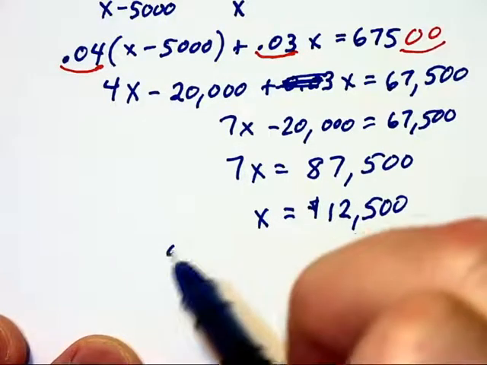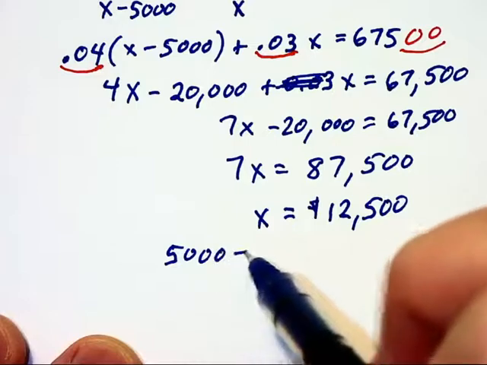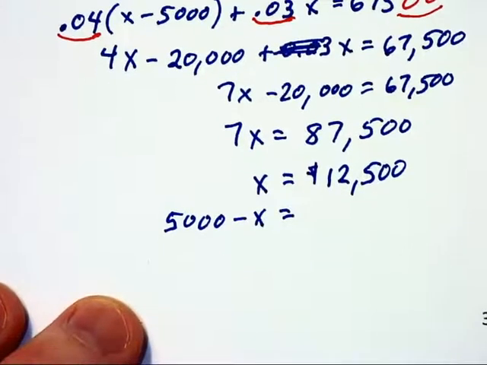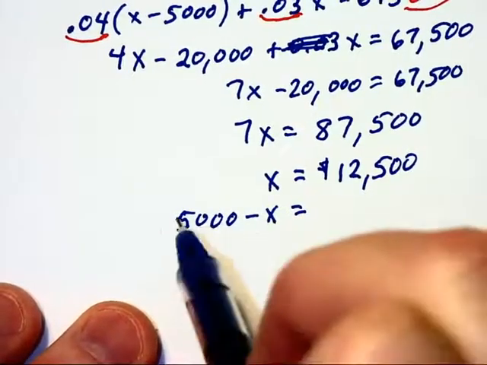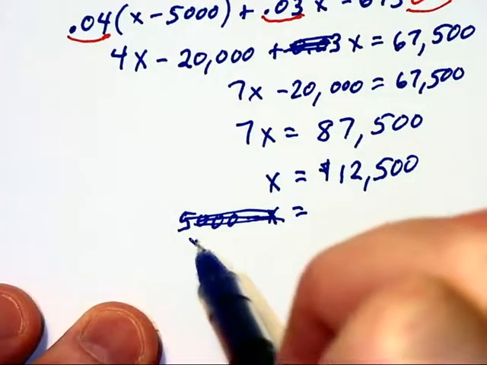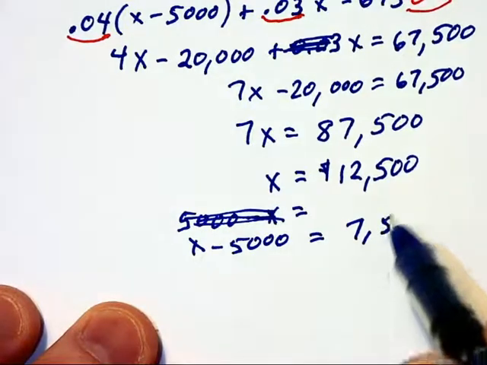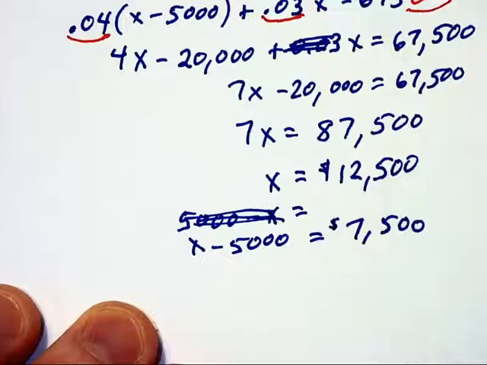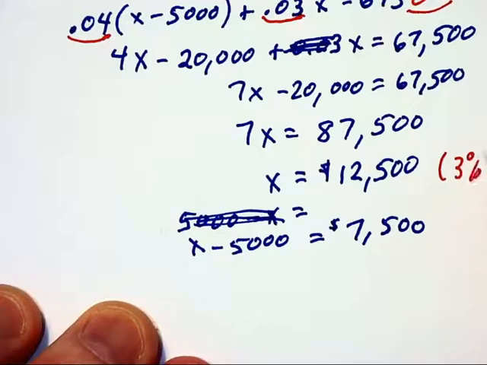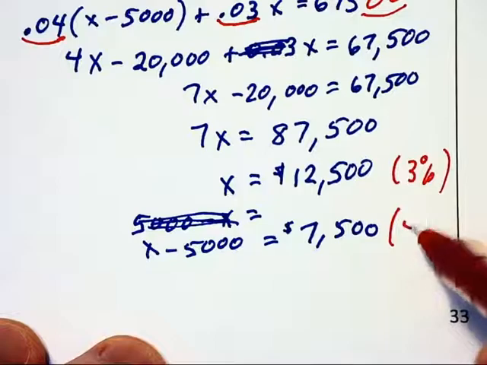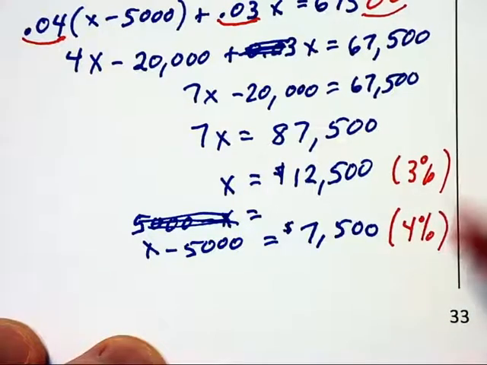And then the other amount, which we labeled at the top of the problem, I wrote this down wrong, this should be x minus 5,000, which is equal to $7,500. Now let's label what we've got. The 12,500 is going to be at the 3% interest rate, and the other part is going to be at the 4% interest rate.